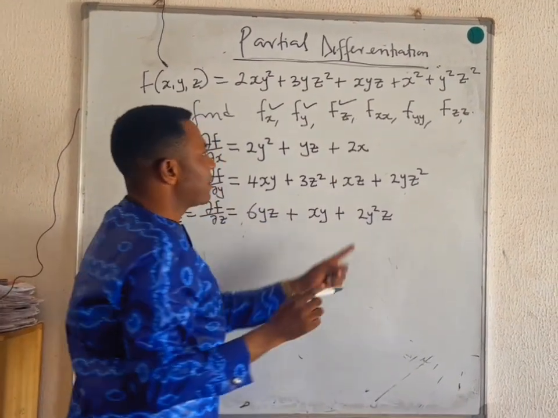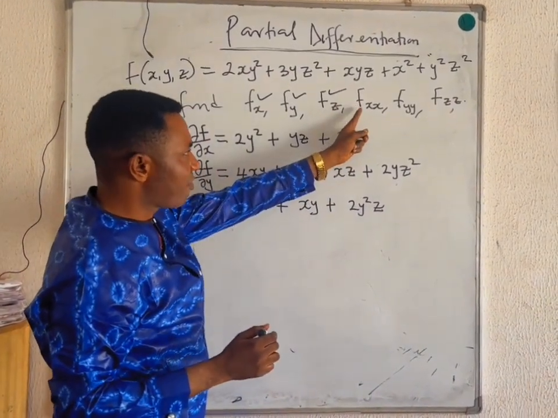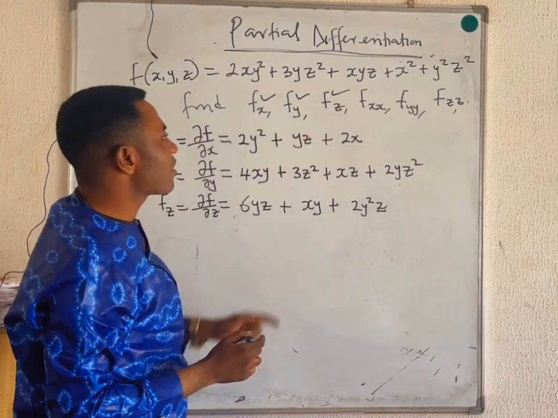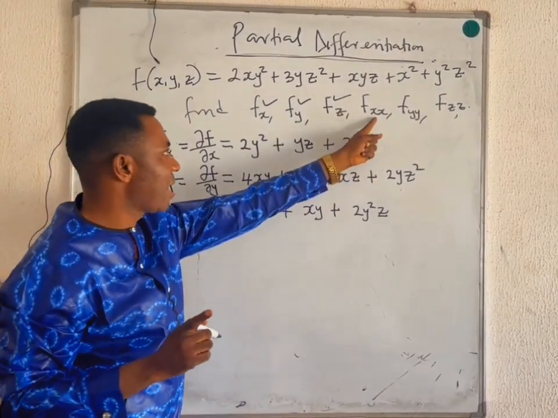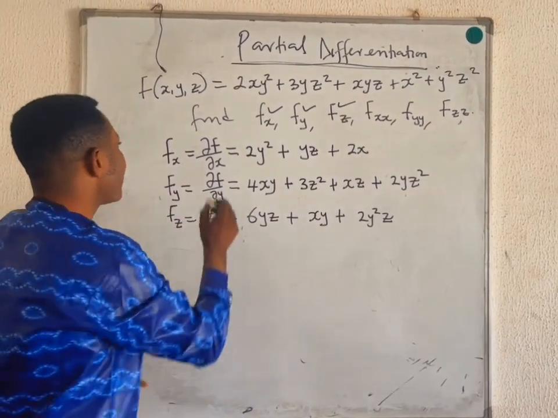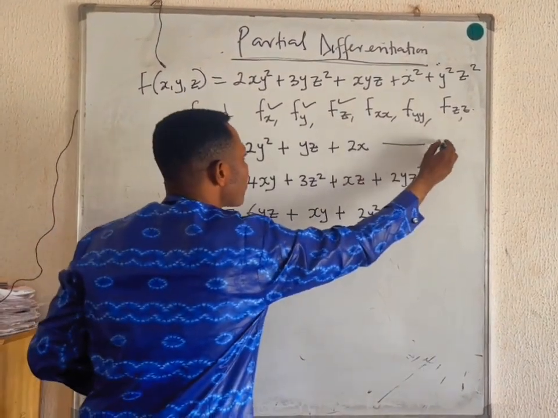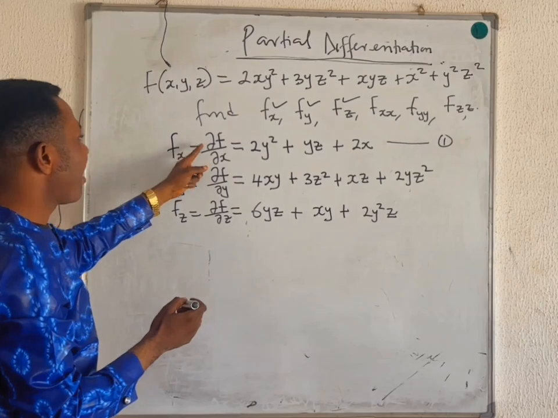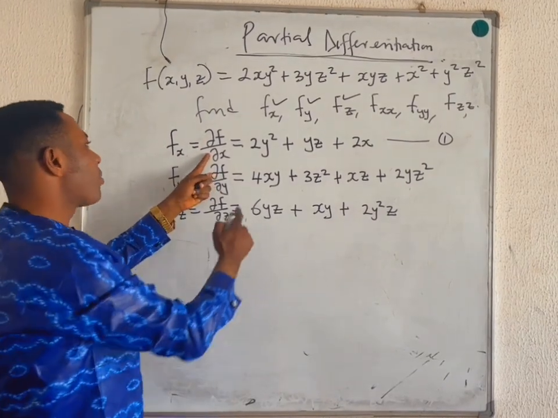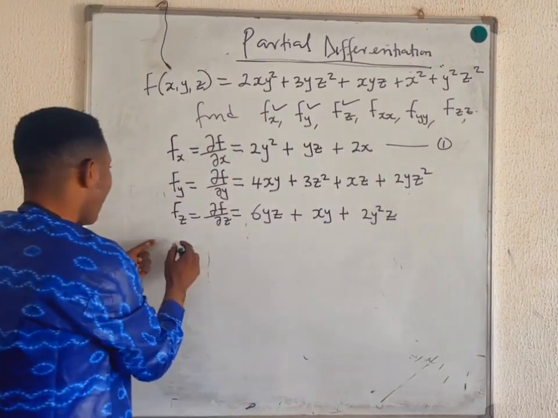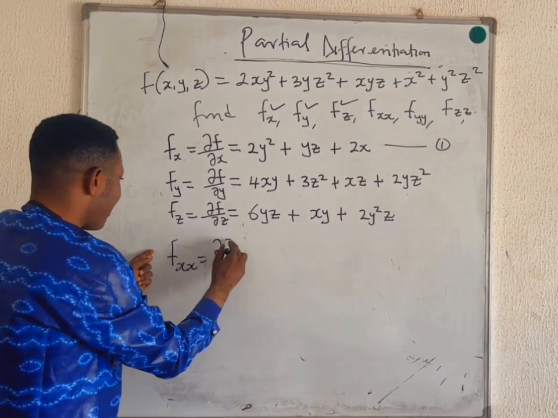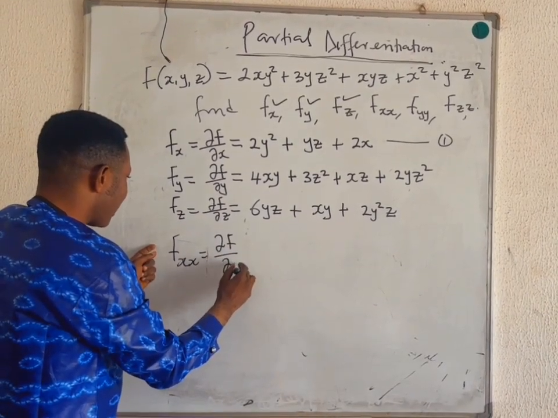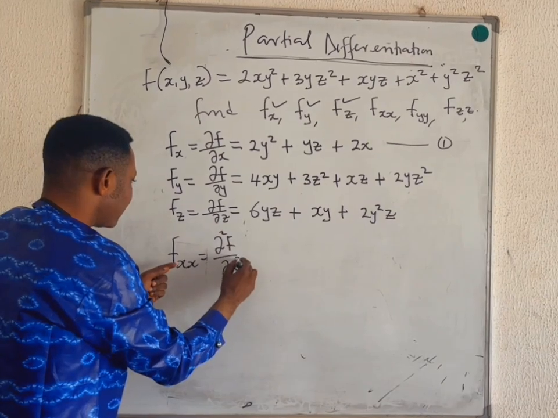Now we are asked to find partial squared f partial x squared, that is the second partial derivative of f with respect to x. It means we are going to use the first equation here, because now we have partial f partial x. When we differentiate equation 1, we have fxx, that is partial squared f partial x squared.